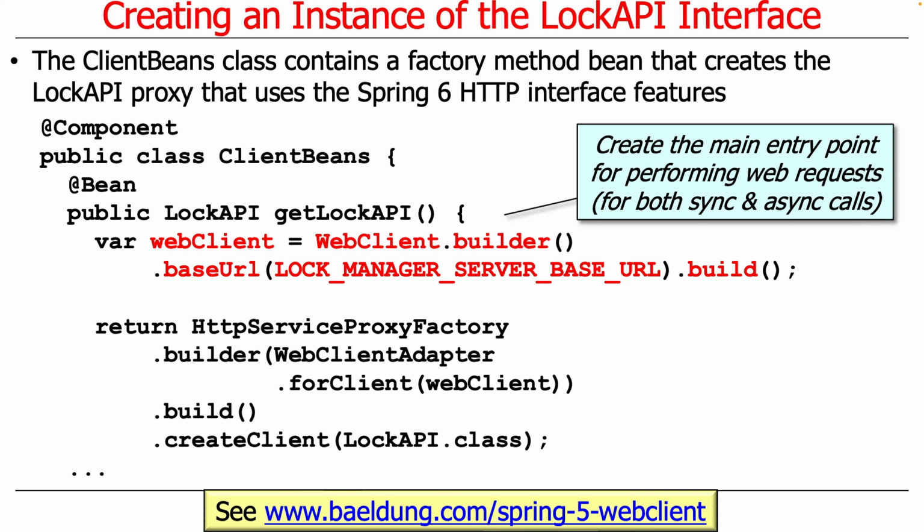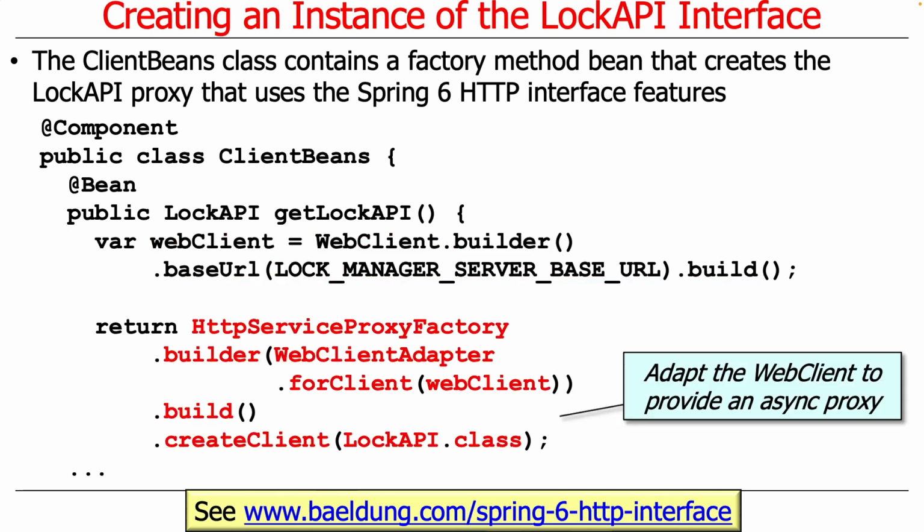And this web client that we just made here is going to work for both synchronous and asynchronous calls. So that's how it's more powerful than the REST template approach we've seen up to this point, which only worked for things that were synchronous calls. So this works for both reactive, asynchronous stuff, as well as the traditional synchronous call.